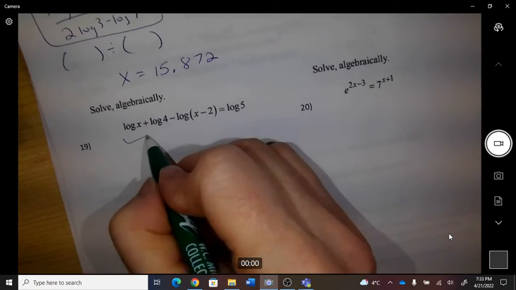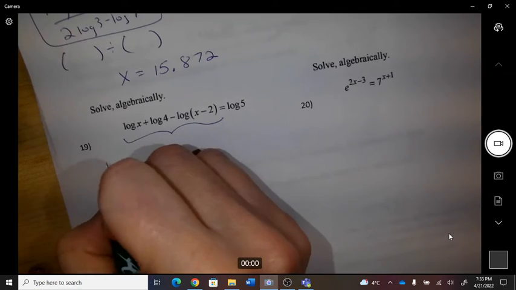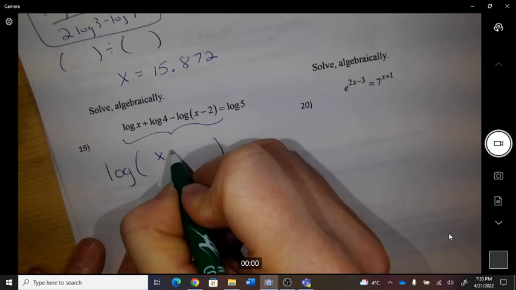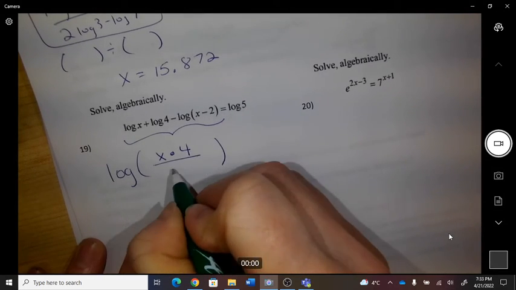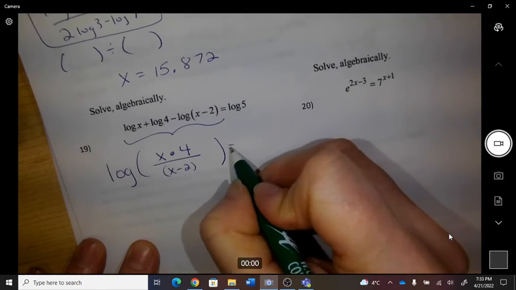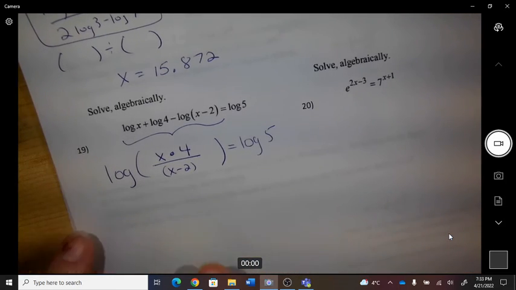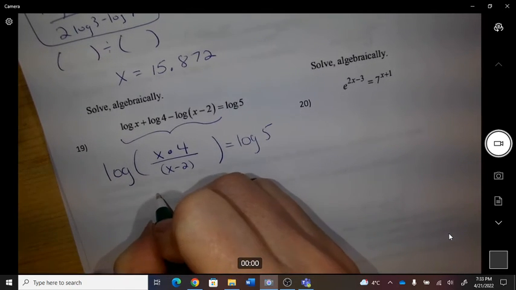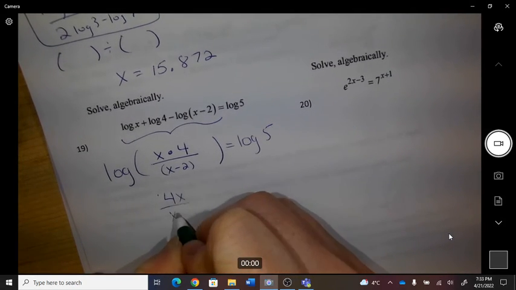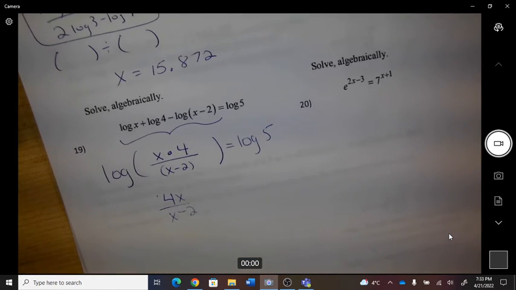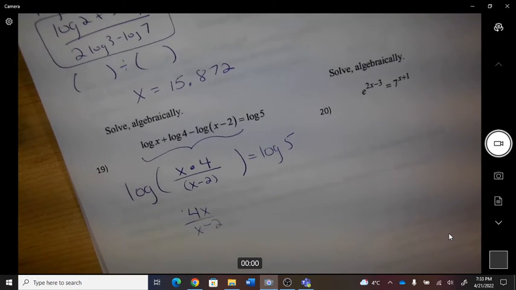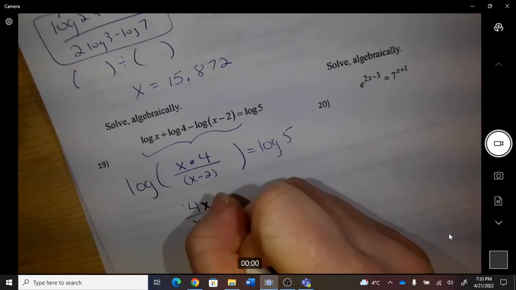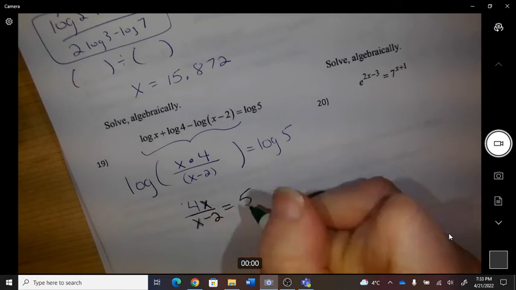Okay, so this one I'm going to try to group all that together. So log of, there's an x, the plus multiplies, the subtract divides. Now I'm going to forget about those two logs because that's set to be the same. So this is 4x over x minus 2 equals 5.